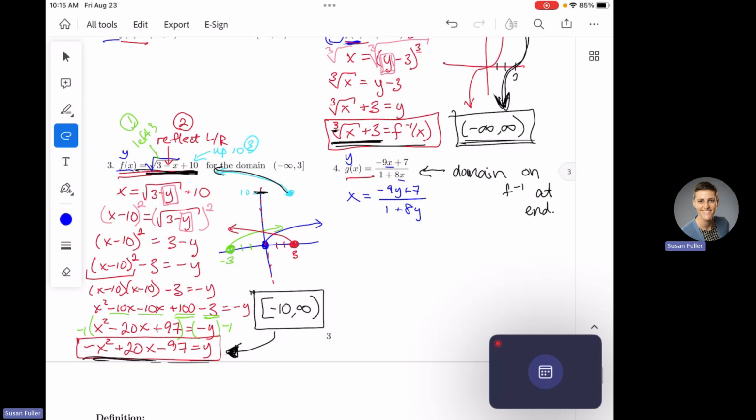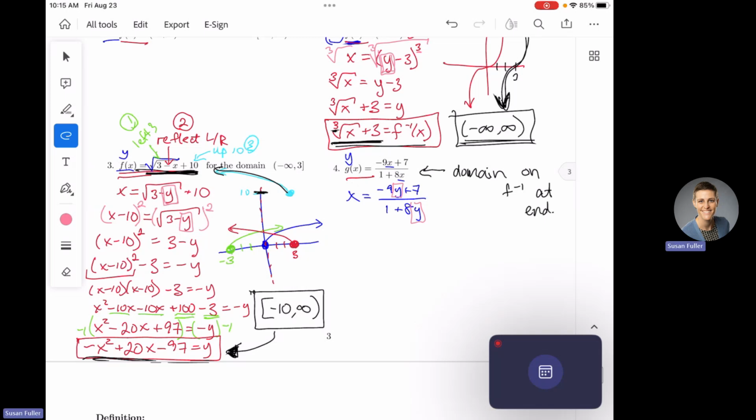Now that I've switched x and y, I need to solve for y because I am in inverse land right now, but to find my inverse function, I need to be able to write y equals. Now, the hard thing here is that to get y equals, I've got two y's. So how do I do this?